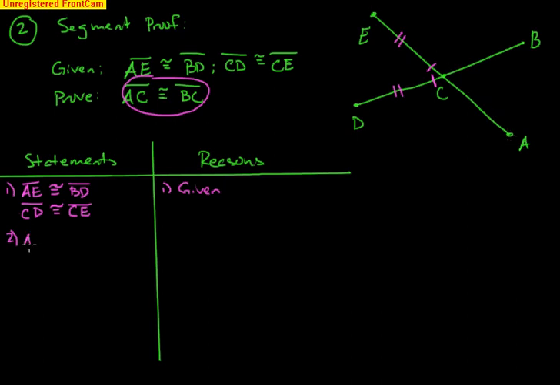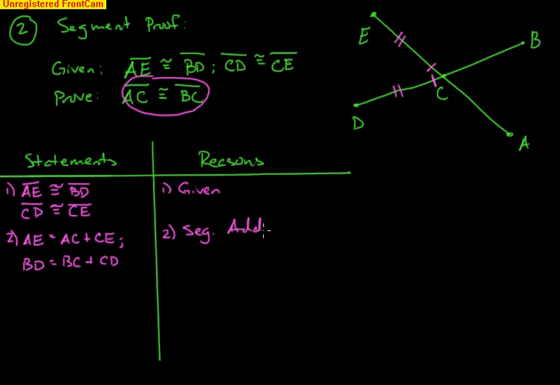So let's write that down: AE = AC + CE. And we'll do the same thing for segment BD. BD is made up of BC plus CD. Remember that your segment addition postulate is going to probably be used in all of your segment proofs.